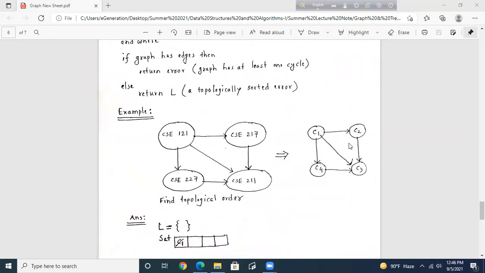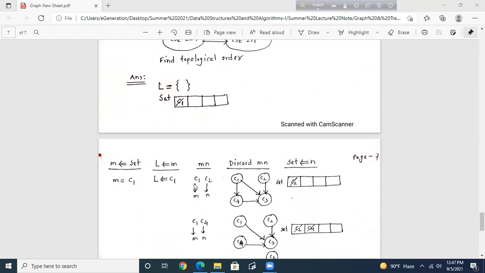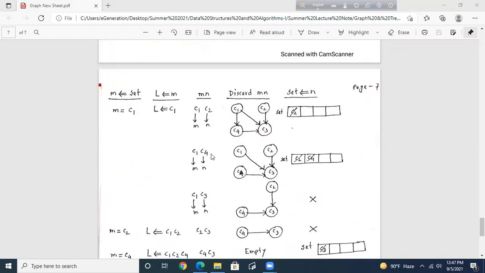According to this graph, from c1, you can go to c2, you can go to c4, you can go to c3. So you can go from C1 to C2, from C1 to C3, and from C1 to C4.